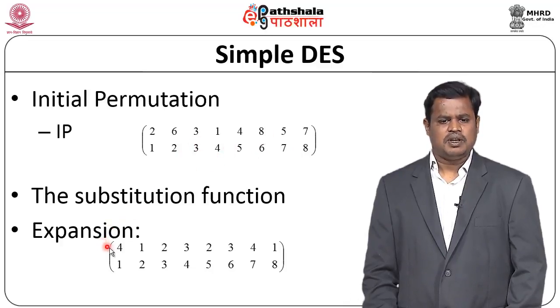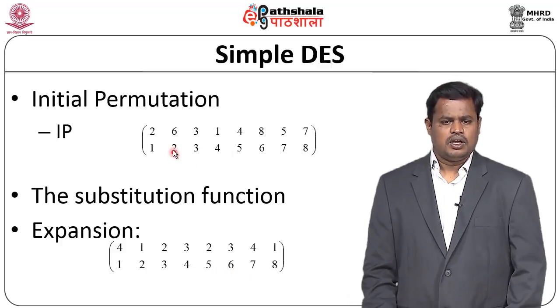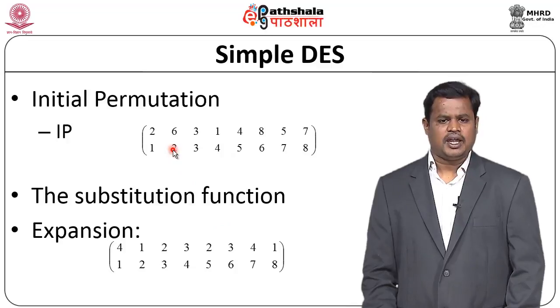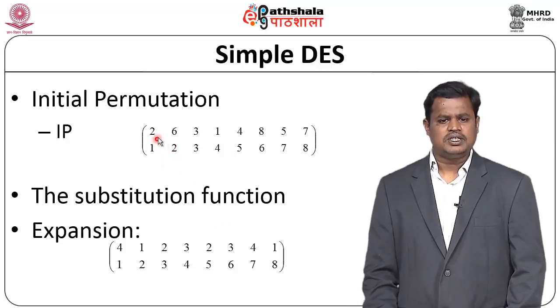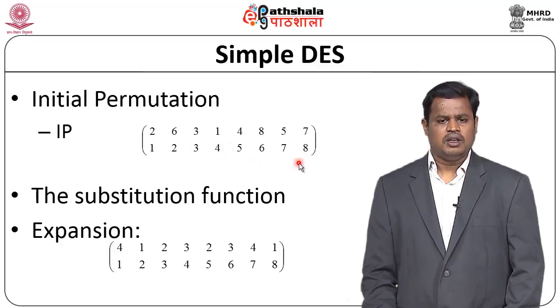In the case of the initial permutation I take 8 bits, and these 8 bits are rearranged according to the table.